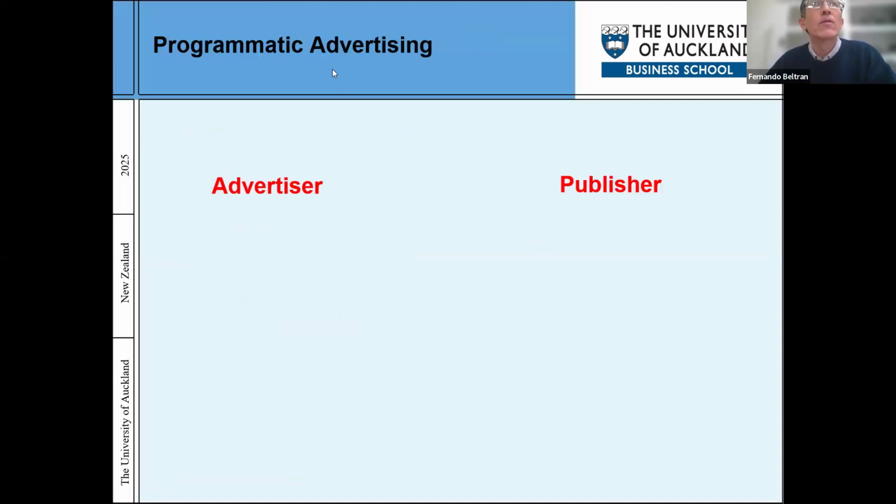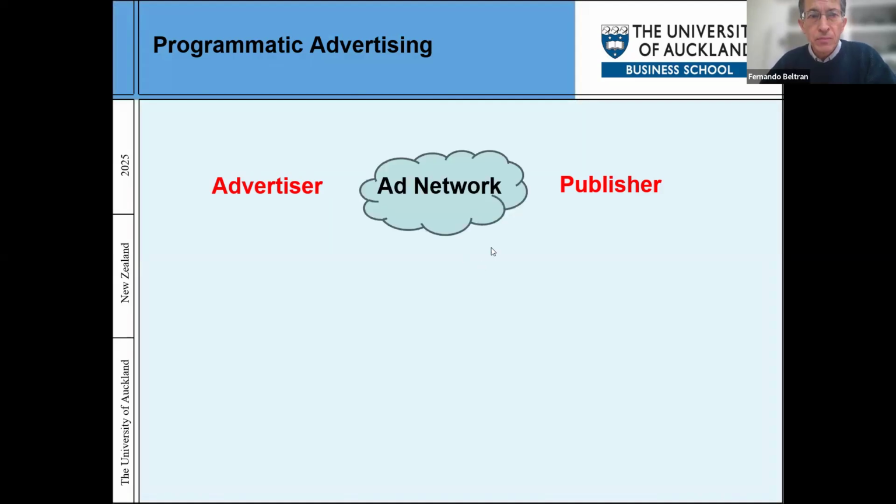So what is the story? The story is something called programmatic advertising in the digital advertising industry. Originally, and this is the basic problem, there's someone who needs to advertise something, and there's someone who's willing to publish the ad. So we have a relation between advertiser and publisher that was a direct relation for many years in a non-digital era.